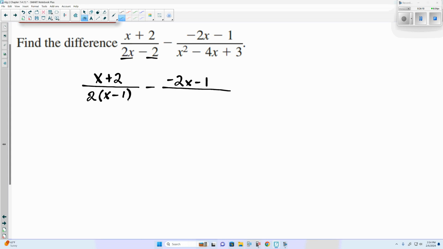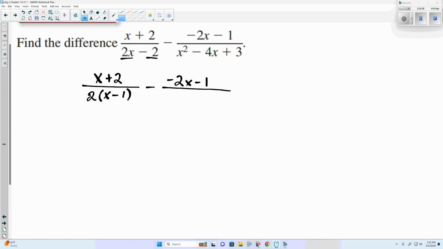Now the numerators, we're going to leave them alone. Even if they are factorable, we're going to leave them alone because, as we've seen in the last few, we haven't had common factors so far, but if there are, we have to add or subtract them together. We have to combine them. So there's not a whole lot of reason to factor it if we have to undo it to be able to combine like terms. So the denominators are the only things we're going to factor.